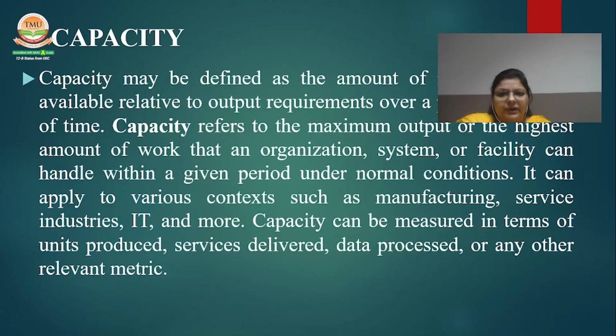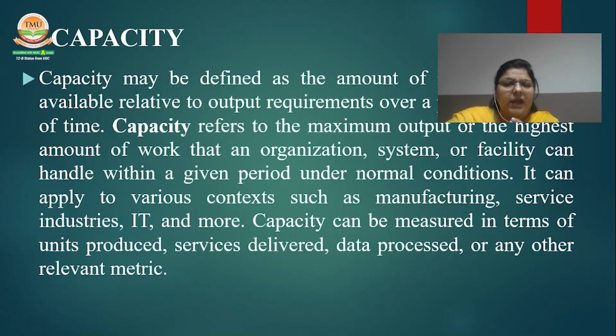Next, capacity may be measured in terms of units produced. It means how many units you are going to produce, what the quality of your products will be, what service delivery you are giving, what type of service you are providing, your data processing, or any other relevant metrics.